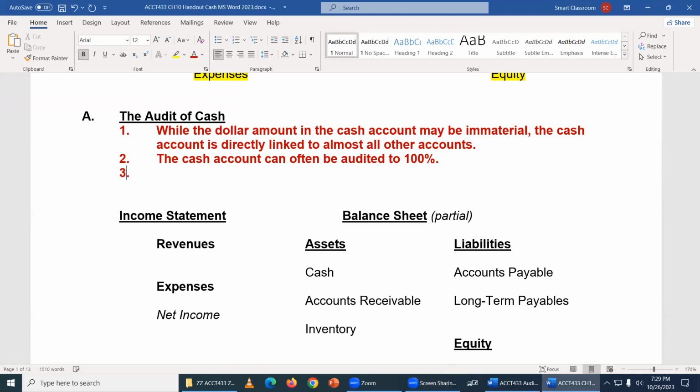Third one, and this is from the fraud point of view. For fraud, cash is the most desirable asset. Everybody can use it.